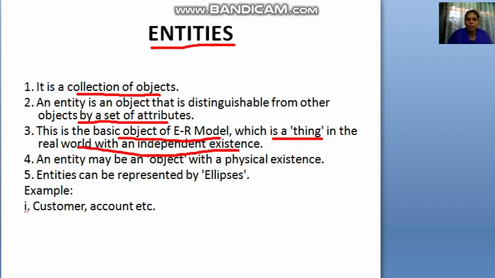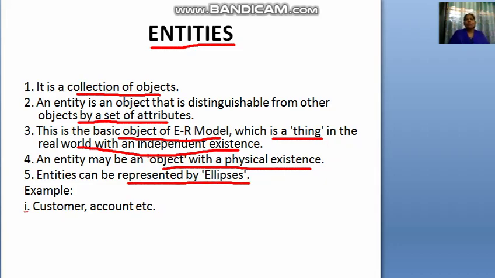This is a very important thing for the ER model. An entity may be an object with a physical existence. Entity must have a physical existence, meaning it should be touchable, it should have proper attributes, and it should have a proper structure. An entity can be represented by an ellipse.